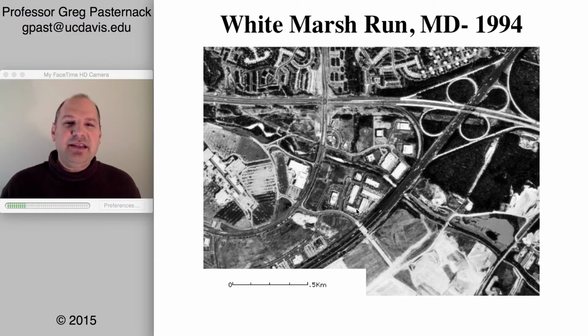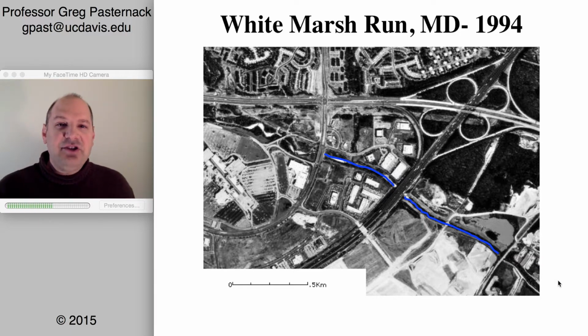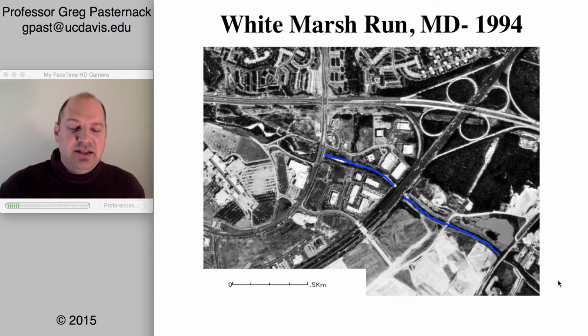So there's a place on the East Coast along I-95 near Baltimore, Maryland called White Marsh Run. It's a rapidly urbanized community. There's IKEA and other things along here. And so a long time ago, the Corps of Engineers facilitated the entrenchment of this river to produce a satisfactory 100-year conveyance in the channel, and it basically resulted in the channel becoming disconnected from its floodplain on purpose so that then the floodplain could be urbanized.